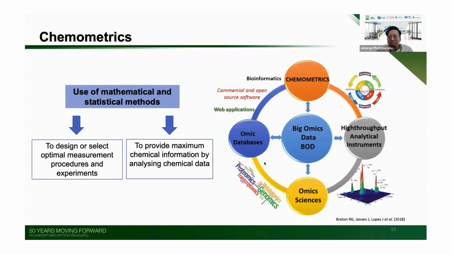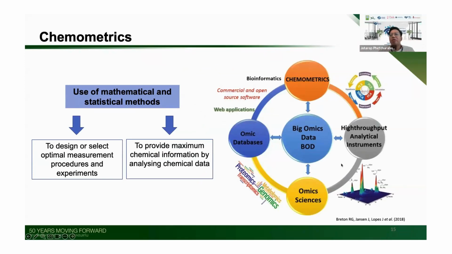And chemometrics is the use of mathematical and statistical methods. It can be used to select optimal measurements, procedures and experiments at the beginning, before we obtain the study design. And it also provides maximum chemical information by analyzing chemical data, so this is after we have acquired the data.